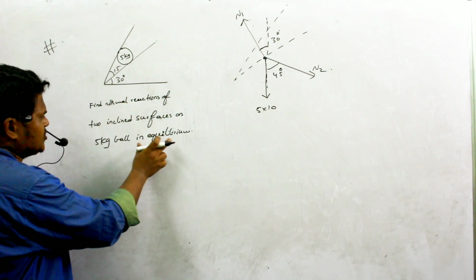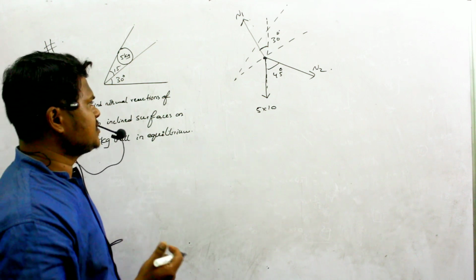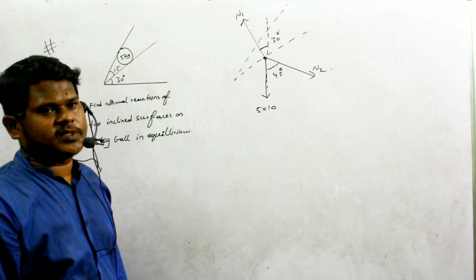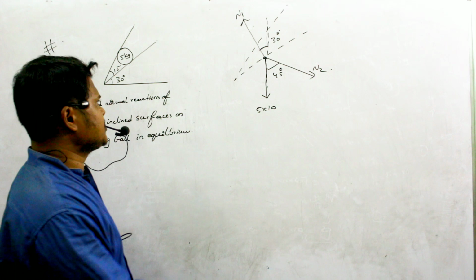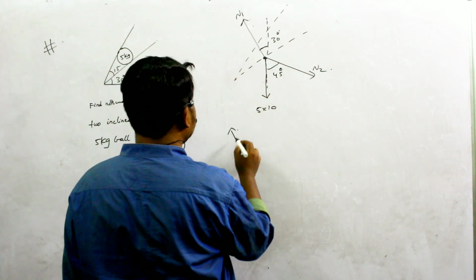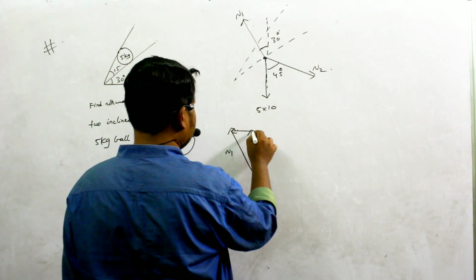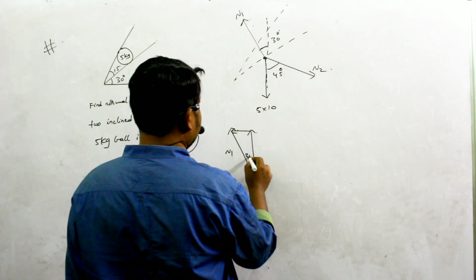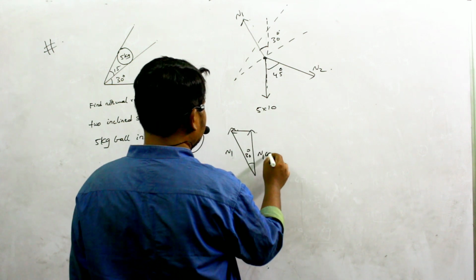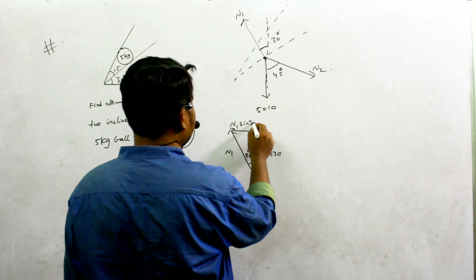If this ball is to be in equilibrium, then all the horizontal forces must be balanced and all the vertical forces also must be balanced. So I will split this N1 into two components. This is 30 degrees, so this becomes N1 cos 30 and this becomes N1 sin 30.